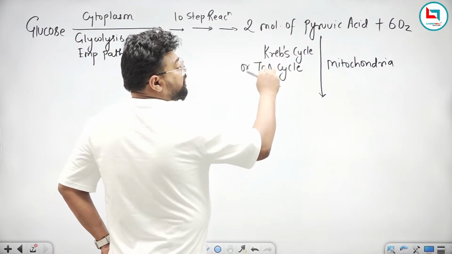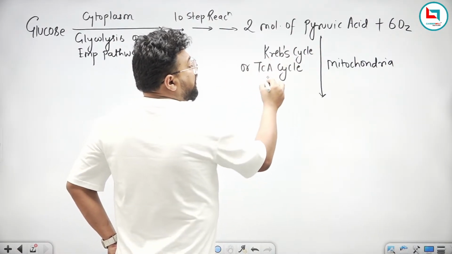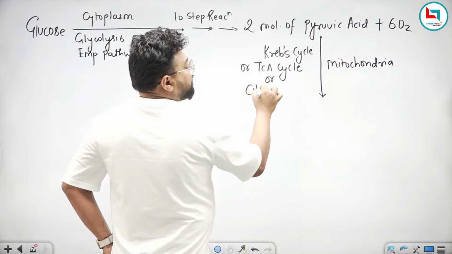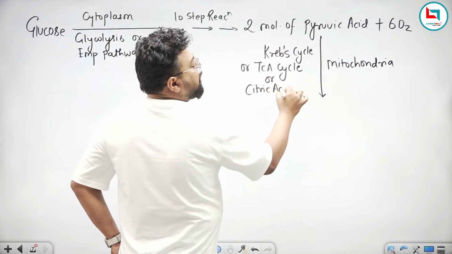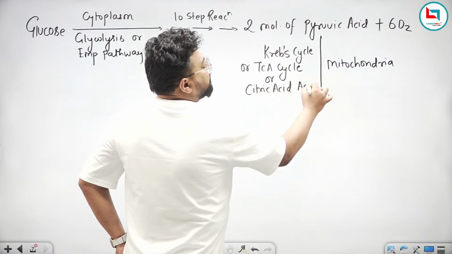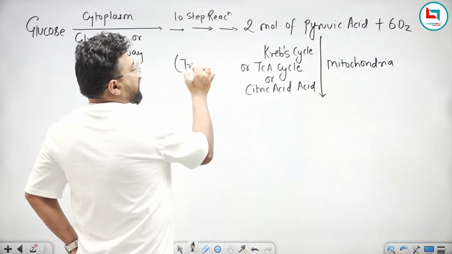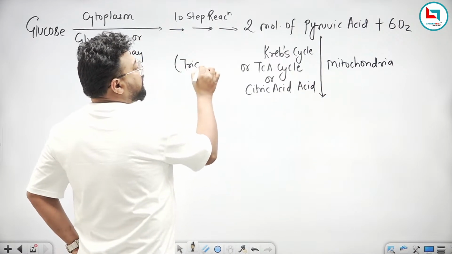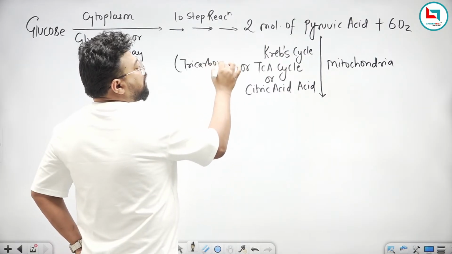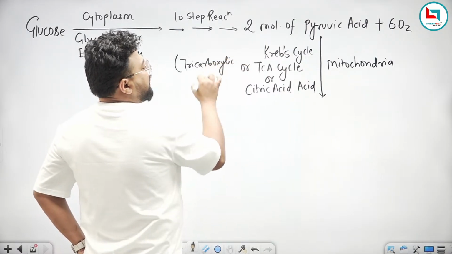That's why the name is tricarboxylic acid cycle or citric acid cycle, because the first stable compound of this cycle is citric acid, and this citric acid contains 3 carboxylic groups. Tricarboxylic acid cycle.